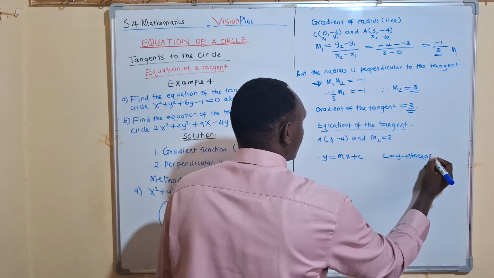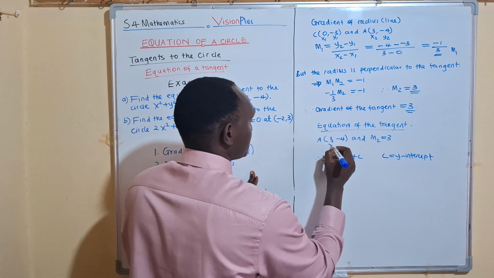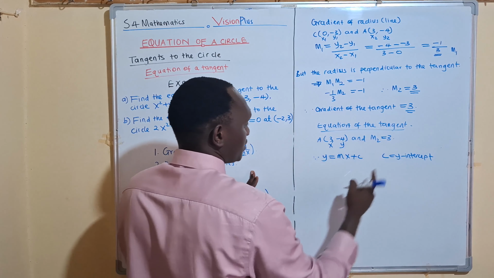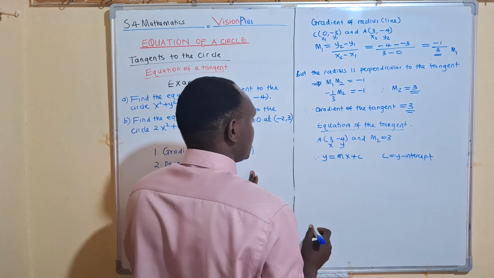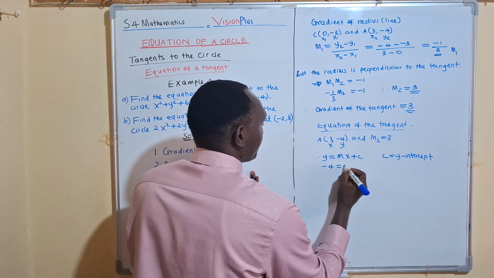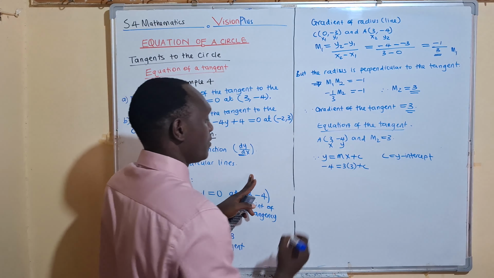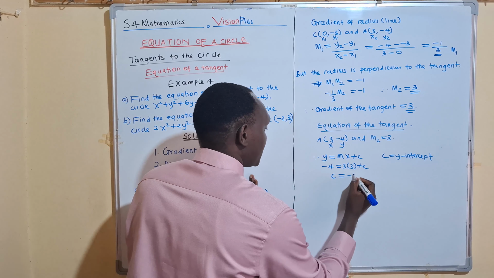That is the point on the y-axis where the tangent cuts the y-axis. So substitute x, y and m so that we find the y-intercept c. Therefore, we shall have -4 equals 3 times 3, plus c. If you work it out, you find that c equals -13.